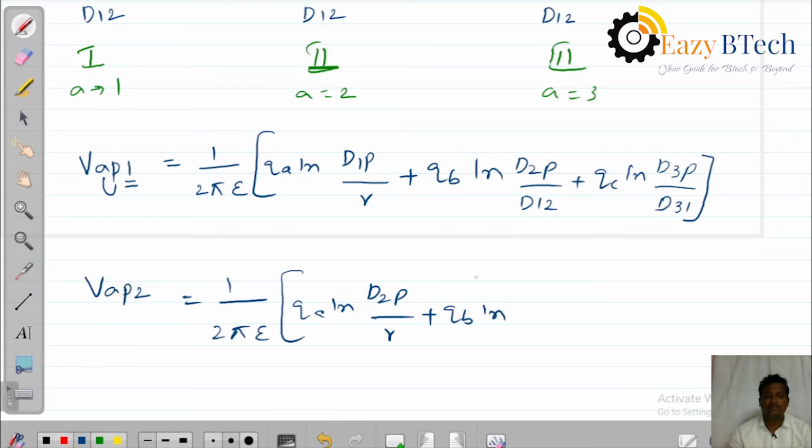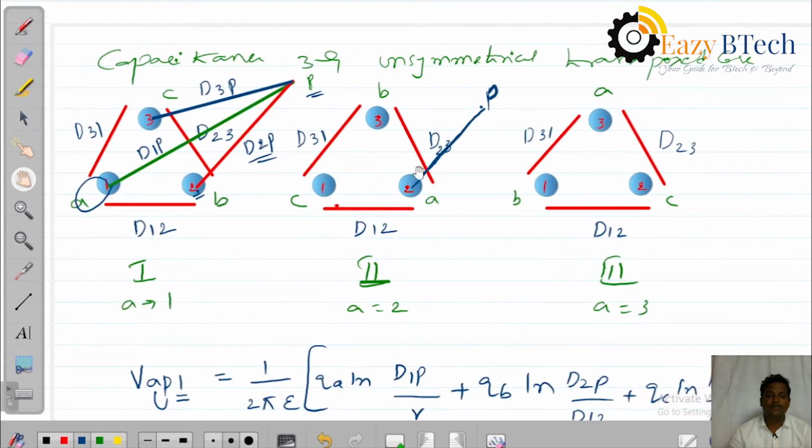QB ln. The distance now from conductor B to P. What is the distance from conductor B to P? This is third position to P. The third position to P distance is D3P.